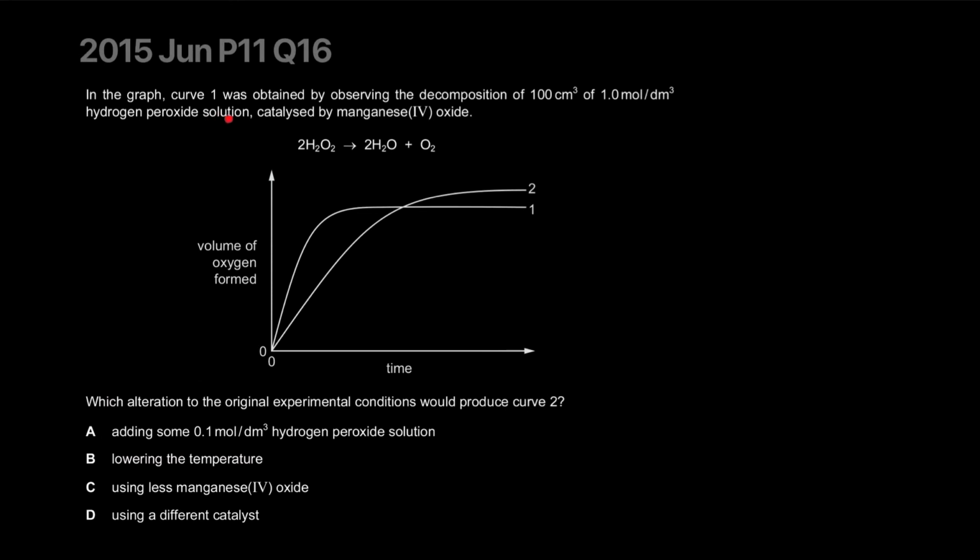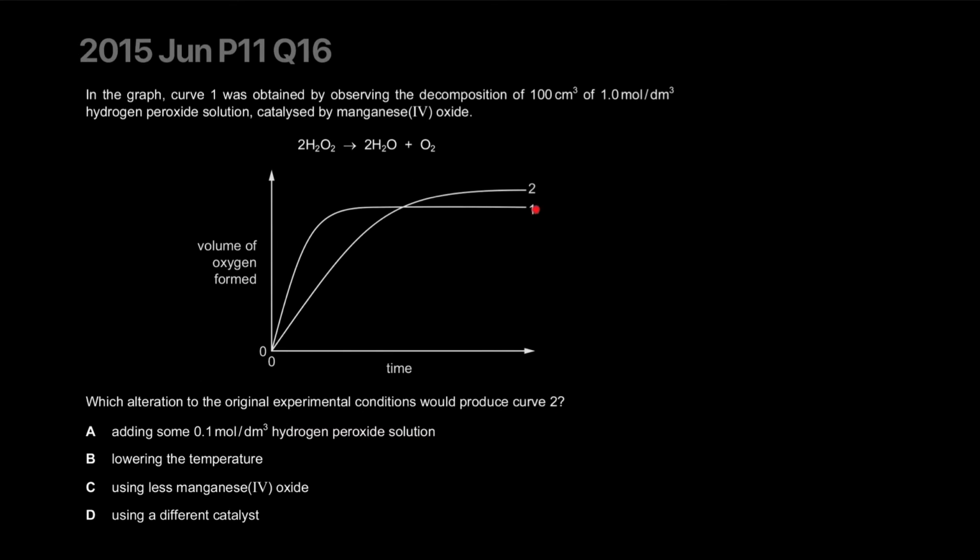In the graph, curve 1 was obtained by observing the decomposition of 100 centimeter cube of 1 mole per decimeter cube of hydrogen peroxide, catalyzed by manganese(IV) oxide. Which alteration to the original experimental conditions would produce curve 2?